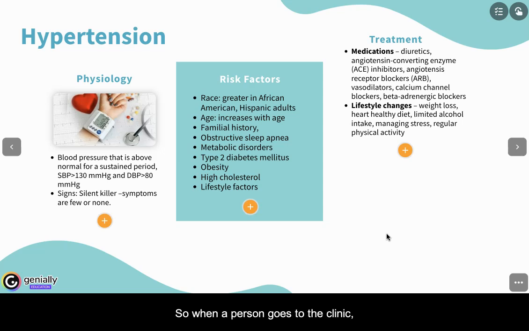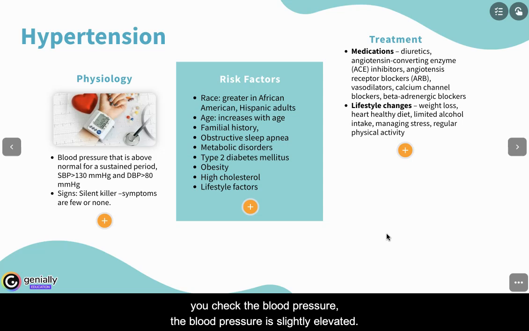So when a person goes to the clinic and you check the blood pressure and it is slightly elevated, the doctor doesn't just label them with hypertension. They encourage them to make lifestyle changes, and then when they come back for a follow-up visit, they'll check it again. It has to be 2 or 3 sustained readings of elevated blood pressure in order to be diagnosed with hypertension.